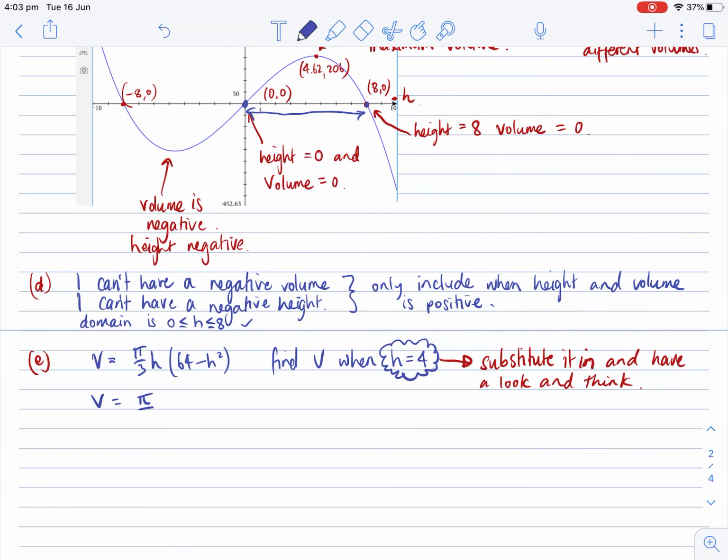V equals pi on 3 times 4 times 64 minus 4 squared. So this becomes 4 pi on 3 times, so that's just my fraction skills. Again, we need good skills of our basic maths to move through this quickly.